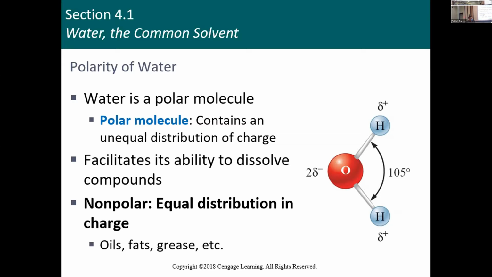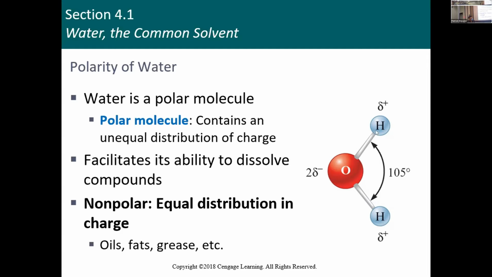So that's the case with water, where you have this unequal distribution of charges. The oxygen, since it likes the electrons a lot, pulls the electrons in the covalent bond towards it, becoming partially more negative, since it will have more electron density after the bond is formed.